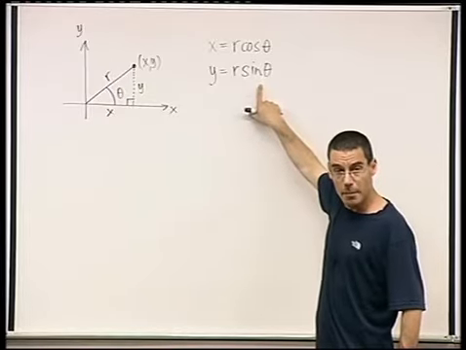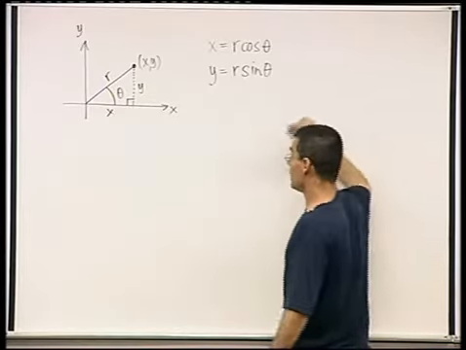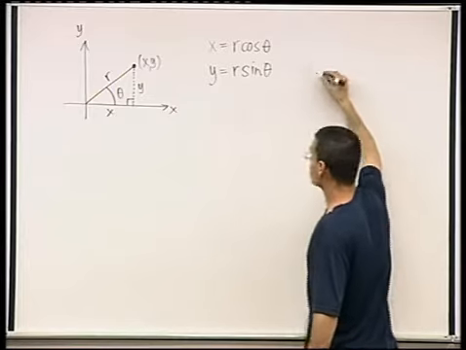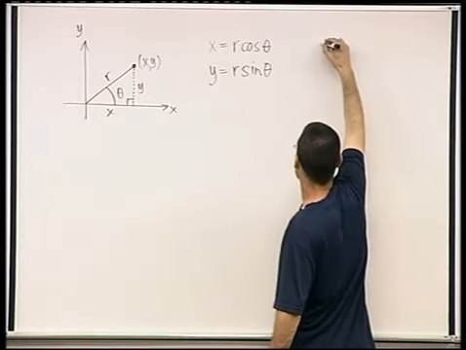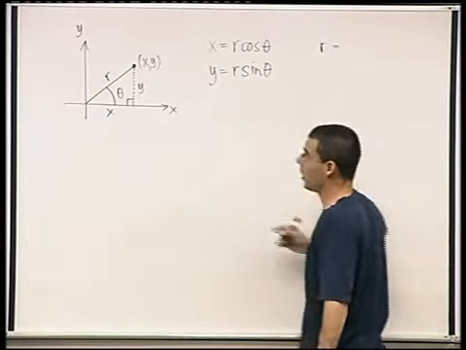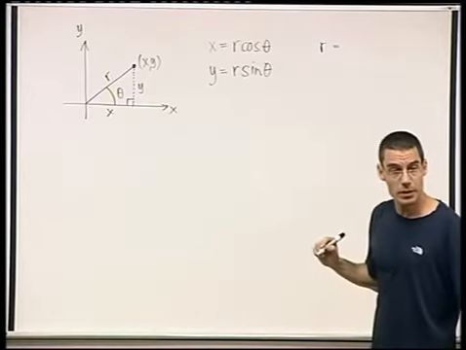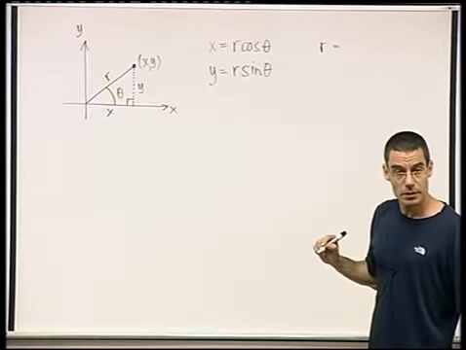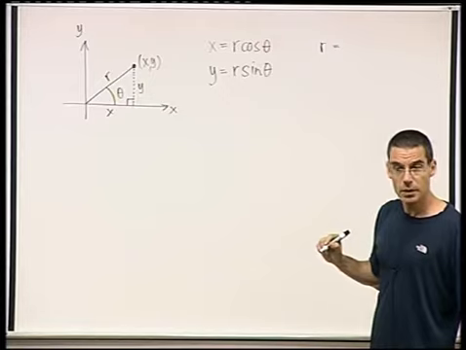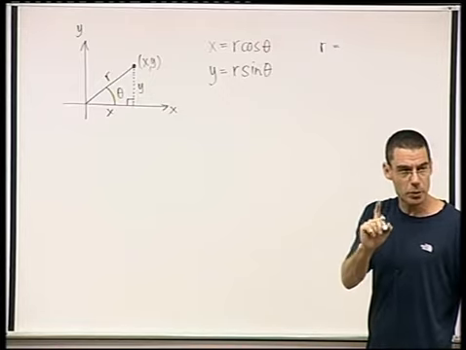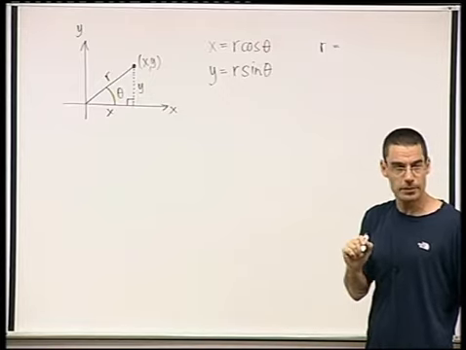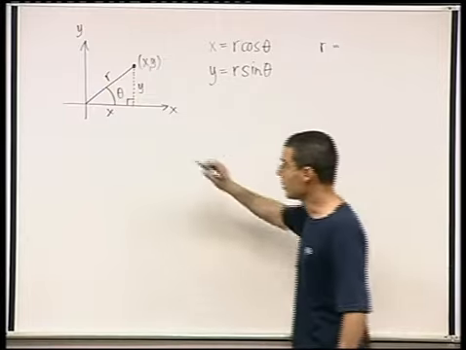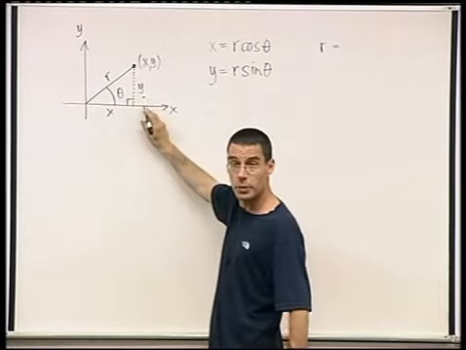Clear? By the way, if you want to go the other way, how do we express r in terms of x and y's? Give me one word in Greek starting with P, and it's a name of a person. Exactly, Pythagoras. R squared is x squared plus y squared.